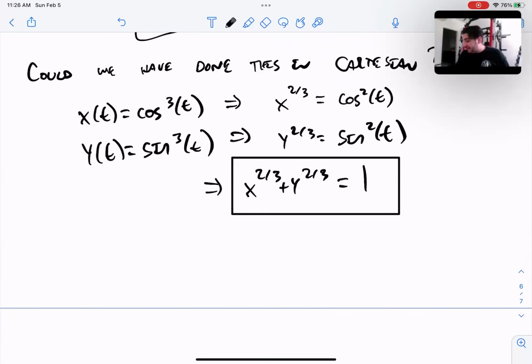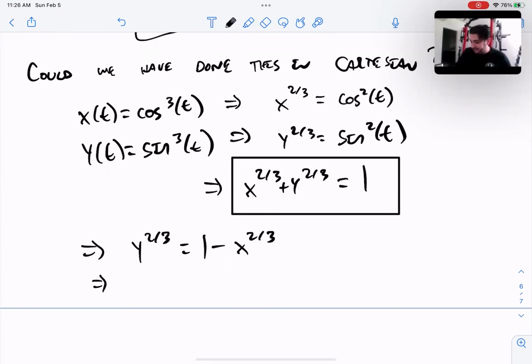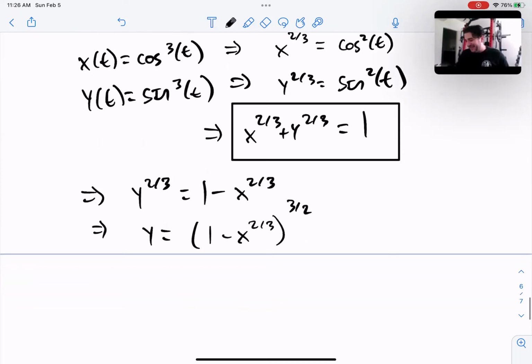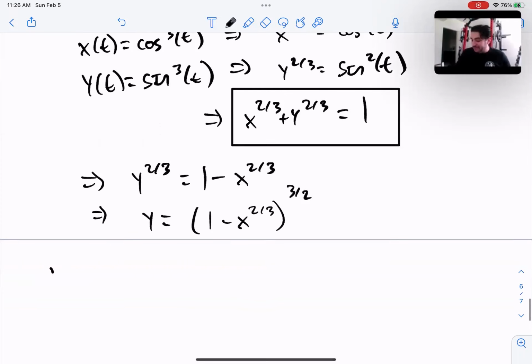So now here, what could you do? You could take this and solve it for y, right? So you'd get y equals (1 minus x to the 2/3) raised to the 3/2. So now maybe you could use the Cartesian arc length formula.